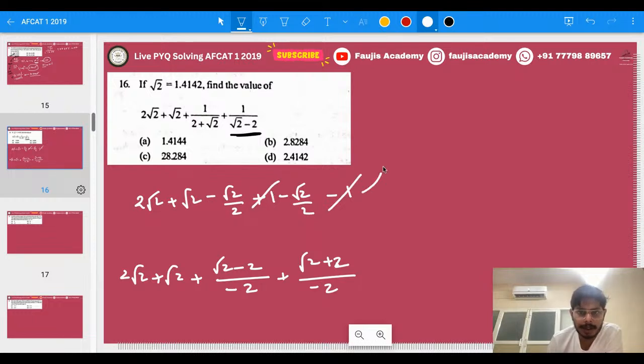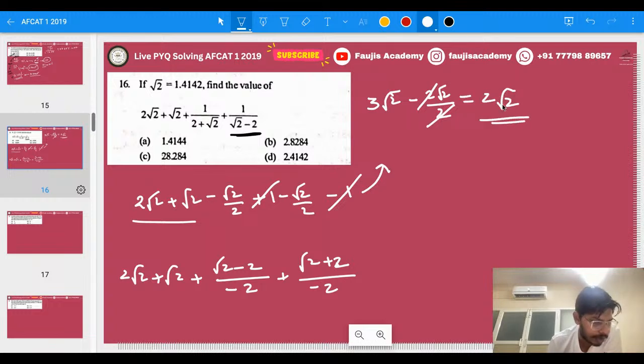From here now we are solving something like this. 2 root 2 plus root 2, that means 3 root 2, right? Minus twice of root 2 by 2. That means this is gone, this is gone, which means 2 root 2. 2 root 2 means 1.414.